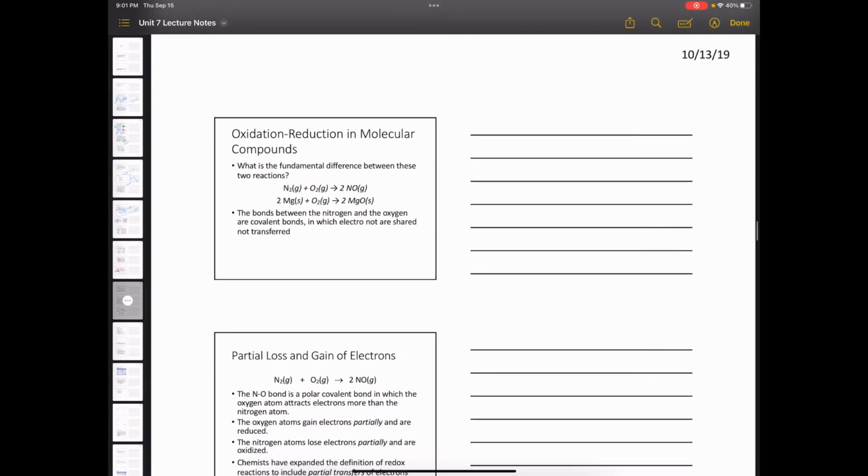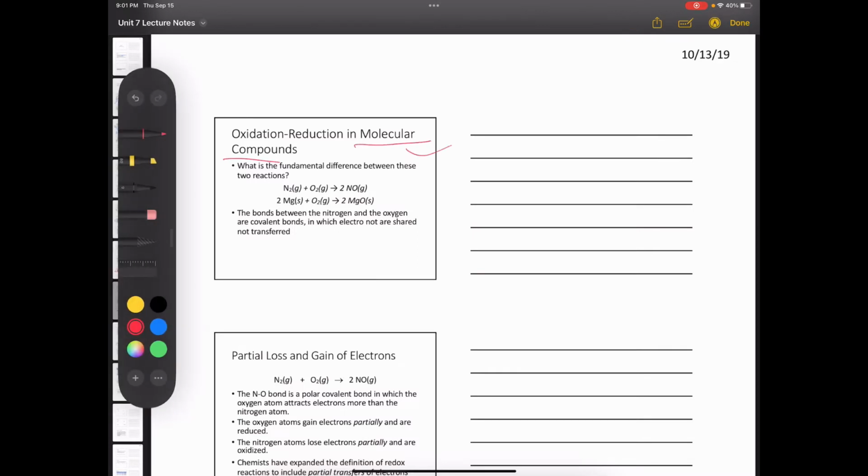Okay? When it comes to oxidation and reduction in molecular compounds, it's a little bit different because when we say molecular compounds, remember we're talking about covalent bonds. With covalent bonds, the concept is that the electrons are shared, not gained nor lost, but shared.